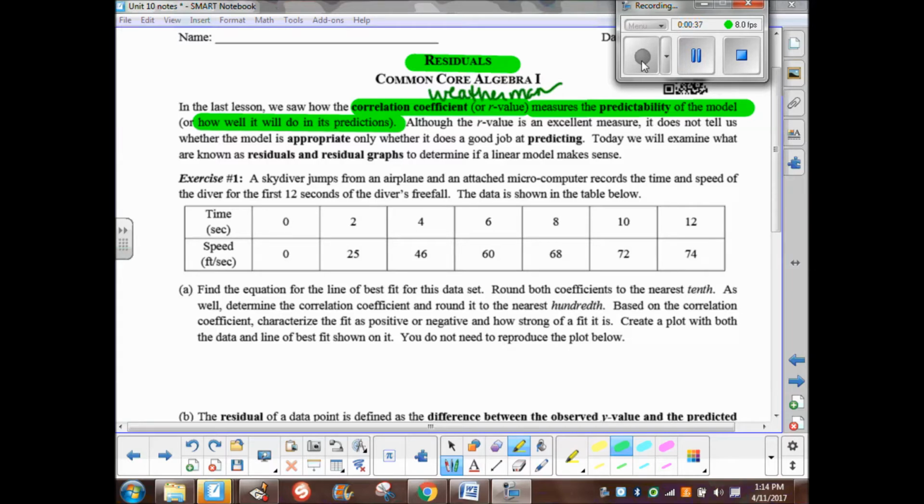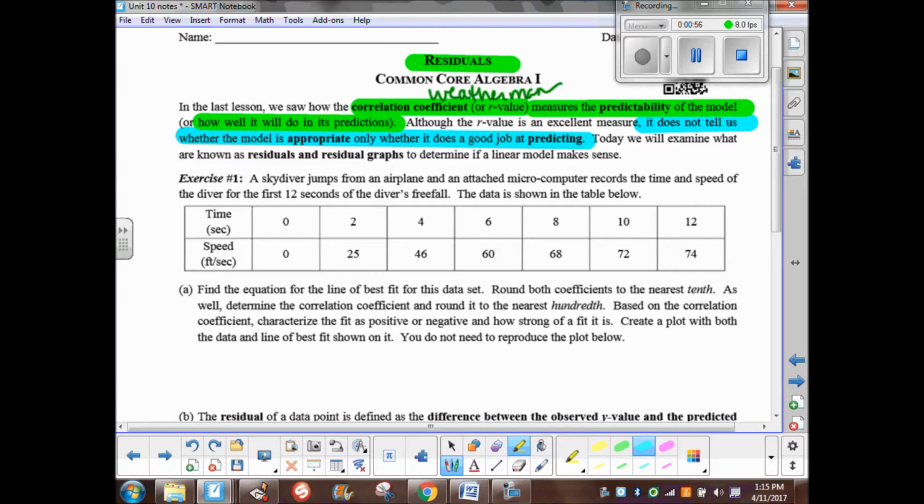Okay? So it says, although R value is an excellent measure, one thing that it does not tell us is whether the model is appropriate, only if it does a good job at predicting.